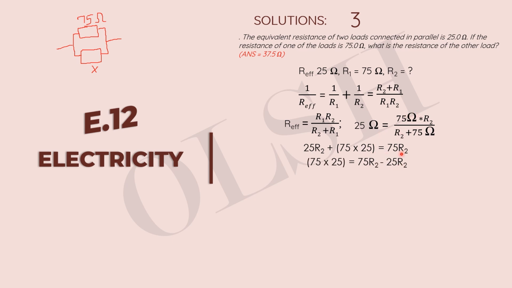We make R2 the subject of formula: 75 times 25 equals 75 R2 minus 25 R2, which gives us 50 R2. Because 75 minus 25 is 50, and 75 times 25 is 1875, R2 is 1875 divided by 50, which gives us 37.5 ohms. So the value of X is 37.5 ohms.